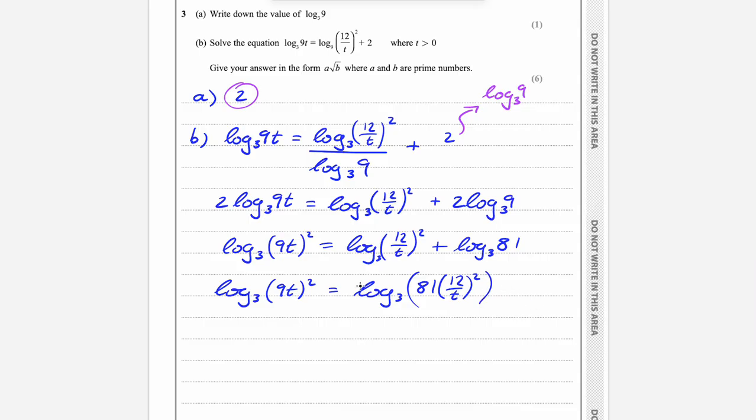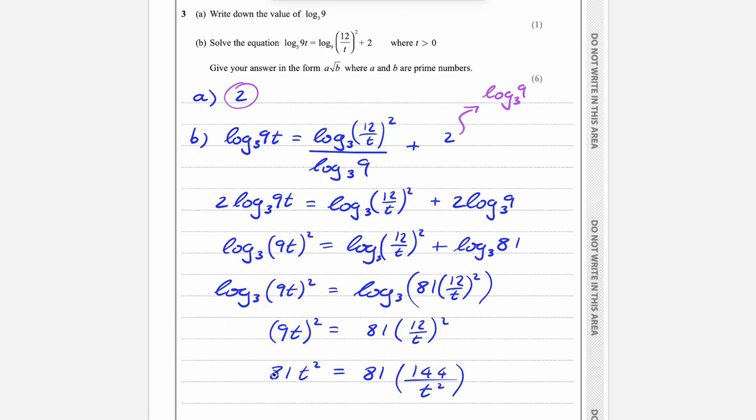At this point, because log of this equals log of that, I can just remove the logs. I'm not dividing by logs, guys, I'm removing them. So it's 9t squared equals 81 times 12 over t squared. This is 81t squared, equal to 81 times, and I'll just do 144, that's 12 squared is 144, over t squared.